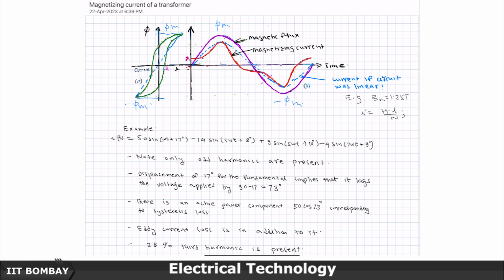So, starting from a positive value, it will trace and reach whatever is this I max here, this is that I max.